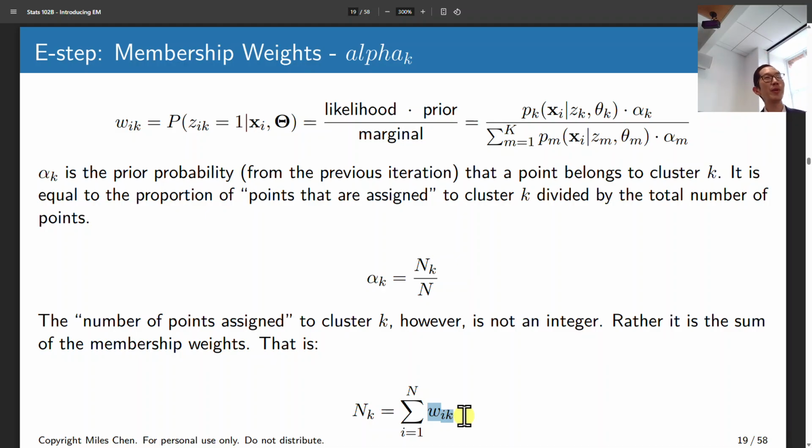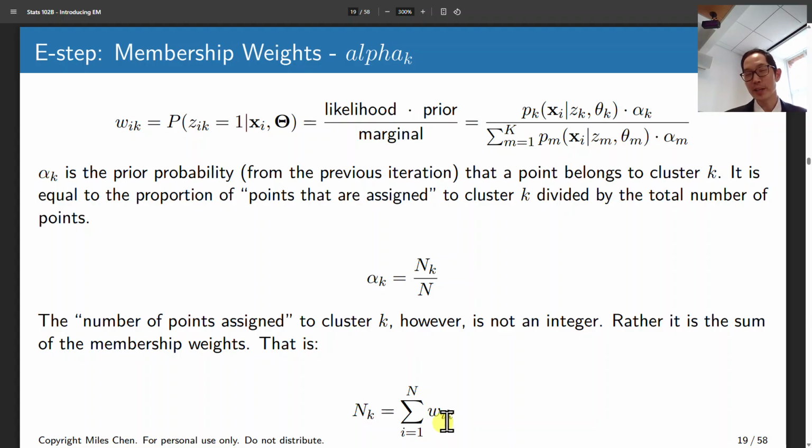When you add up all of the weight vectors, each weight vector adds up to 1, and if you sum them all up, you'll have the number of points total, n. But if you take the sum of the first value in each weight vector, that's, quote, the sum of points that belong to cluster 1, and it's not necessarily an integer.